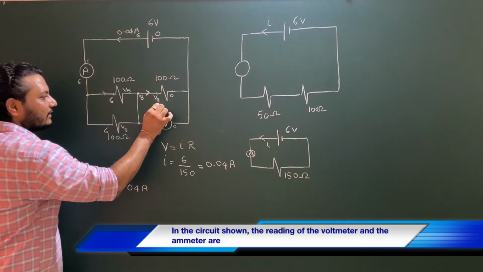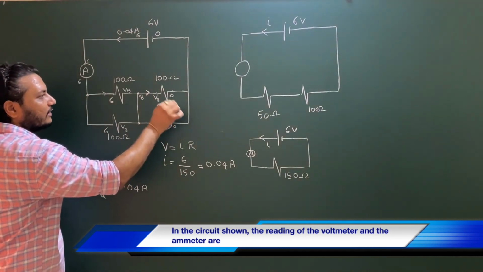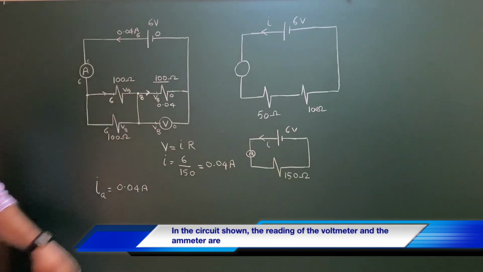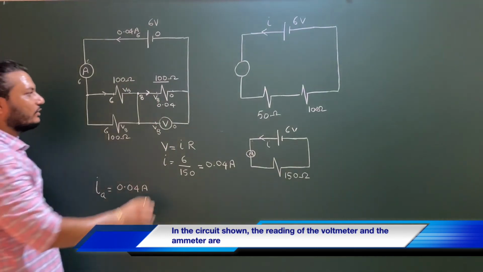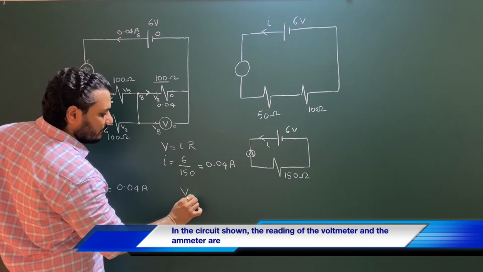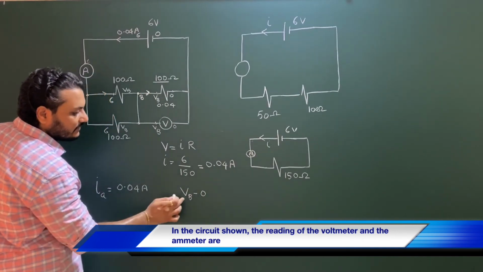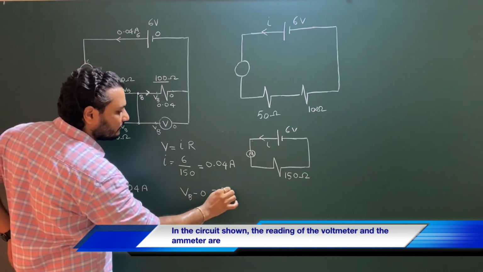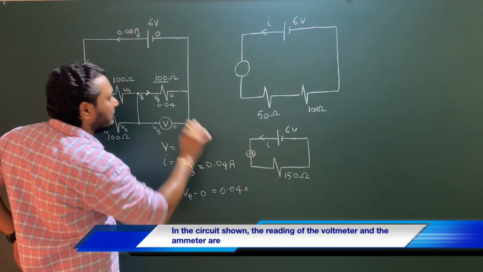Once we know the current value, that is 0.04, and we know the resistance value, according to Ohm's law, the potential difference VB minus 0 is I into R. The I value is 0.04 into the R value, 100.